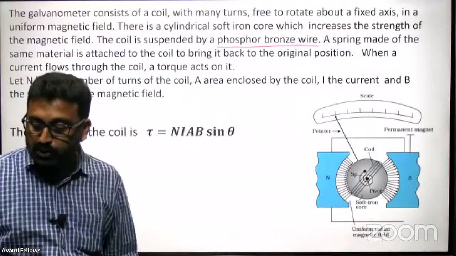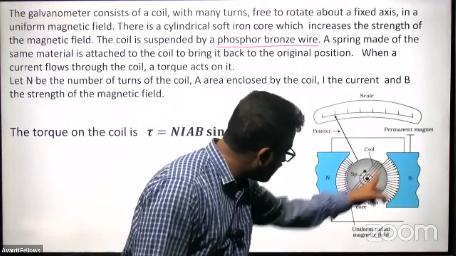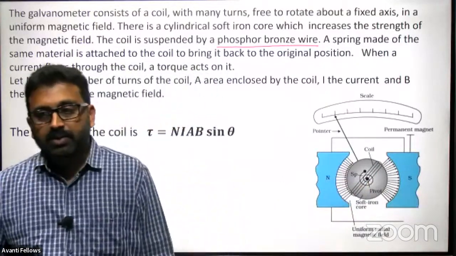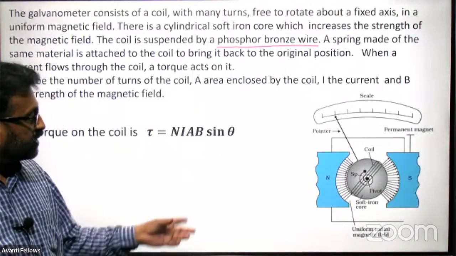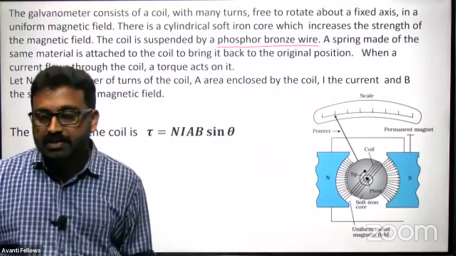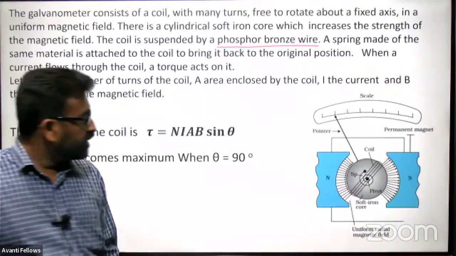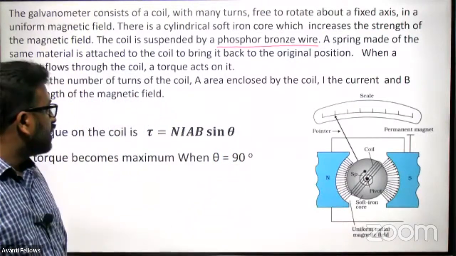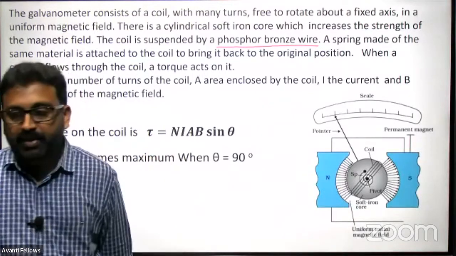That means when a current is allowed to pass through the coil, it experiences a torque and as a result it will rotate. The torque becomes maximum if theta is 90 degrees, because sin theta will be equal to 1, and the maximum torque will be equal to NIAB.